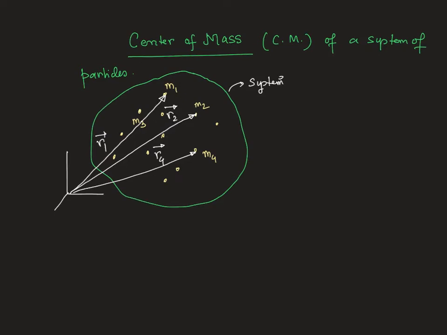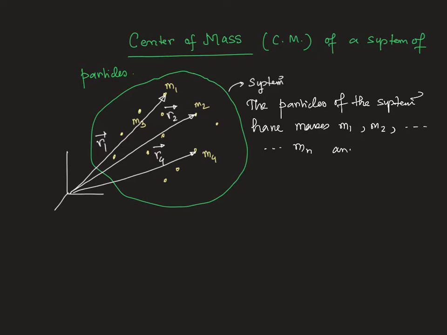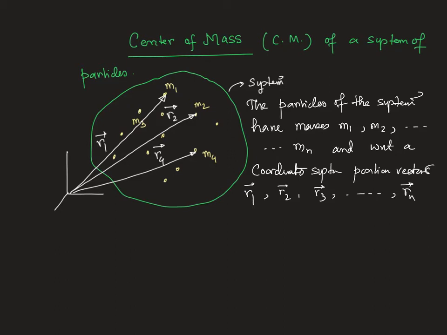So in the system, the particles of the system have masses m1, m2, m3 up to mn, and with respect to a coordinate system, position vectors, say r1, r2, r3, r4, like that, up to rn, which is shown in the diagram.